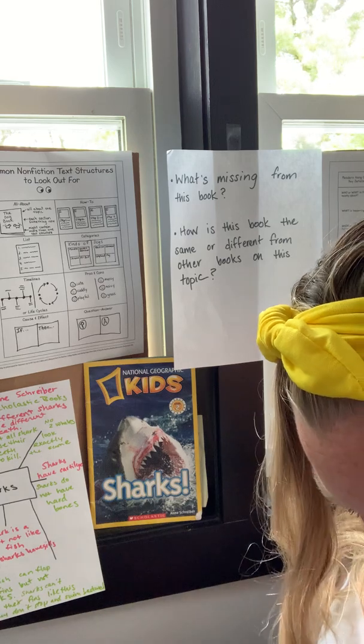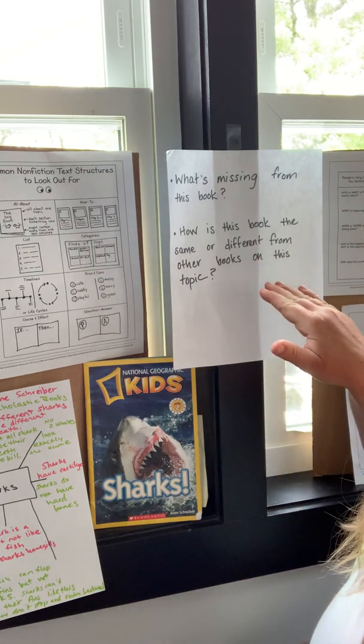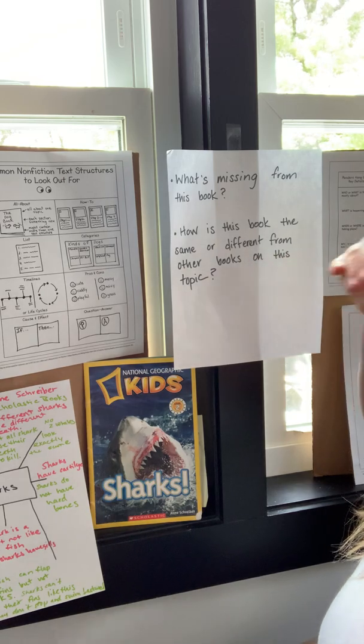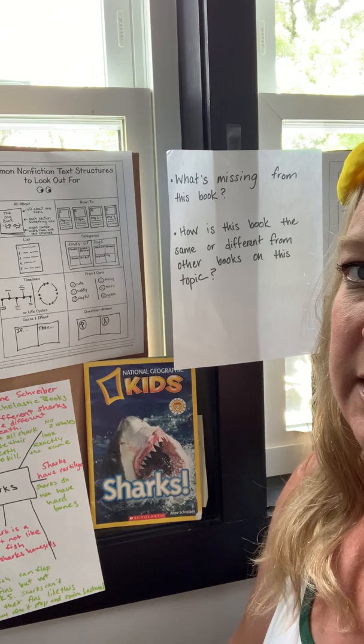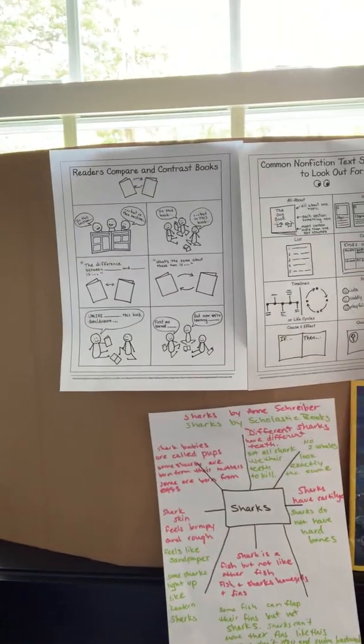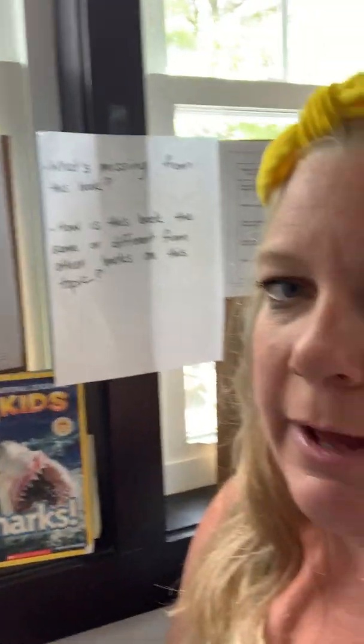And the other thing you can think about as the reader is, how is this book the same or different from other books on this topic? And again, using this comparing and contrasting sheet can help you frame your thinking around that.